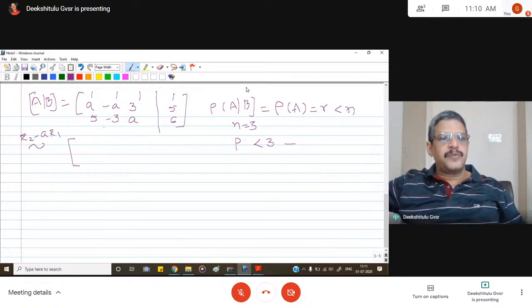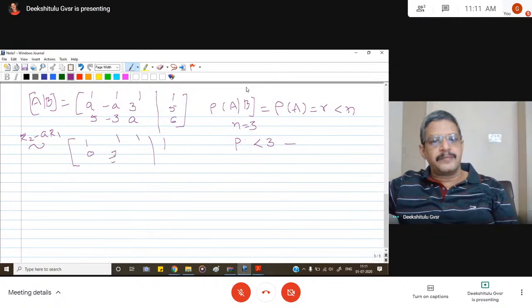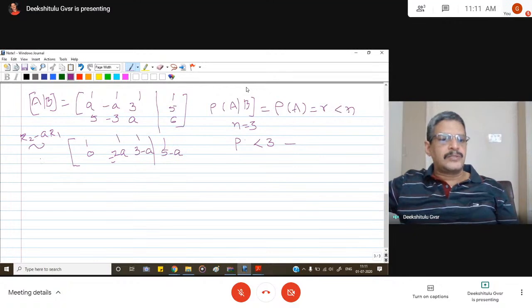This is the logic. So now we have to obtain this as R2 minus A times R1. So multiply the first row with A and subtract from the second row. The first row remains the same, 1. This will be 0 because A minus A into 1. This is minus A minus 1, minus 2A. This is 3 minus A. This is 5 minus A. The last row also, consider R3 minus 5 R1.